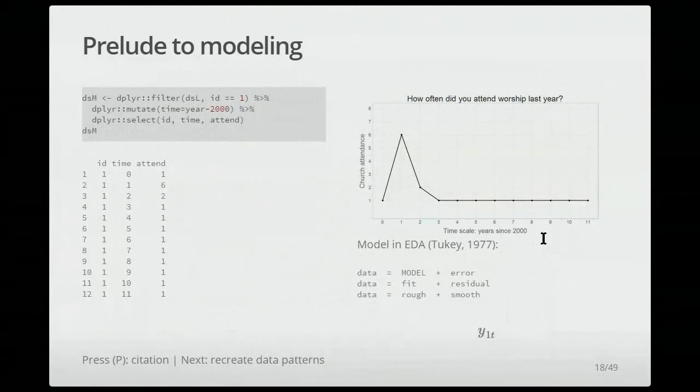Another important conceptualization of a model comes from John Tukey, who conceptualized data as model plus error, also the so-called principal equation of exploratory data analysis formulated in his famous Orange book, which says that data equals model plus error. It's the same thing as data equals fit plus residual, or we can think about this in a graphical way as rough plus smooth, right?